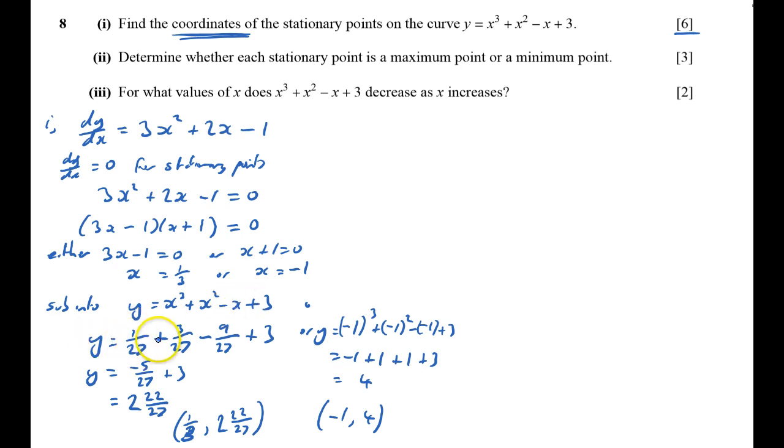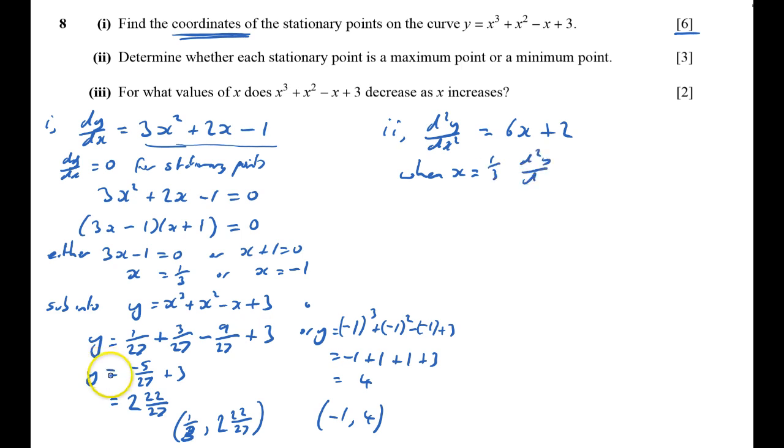Determine each point. Okay, that's going to be d2y by dx squared. I'll differentiate this expression here, so that'll give me 6x plus 2, and when x equals a third, d2y by dx squared equals 2 plus 2, which equals 4, which is greater than 0, therefore that's a minimum.